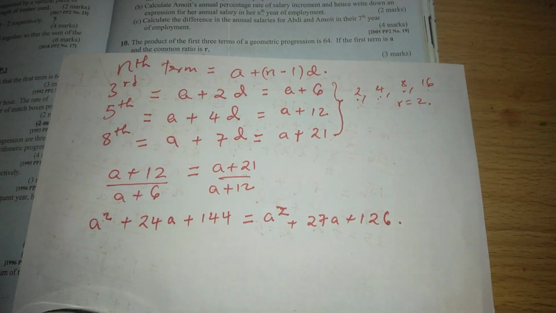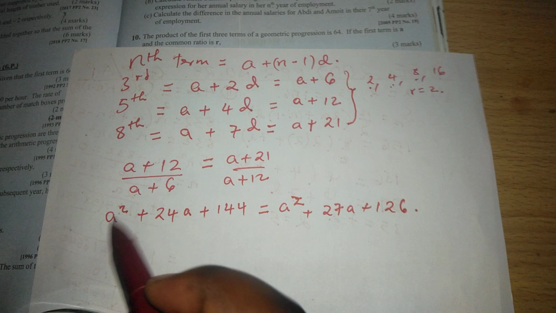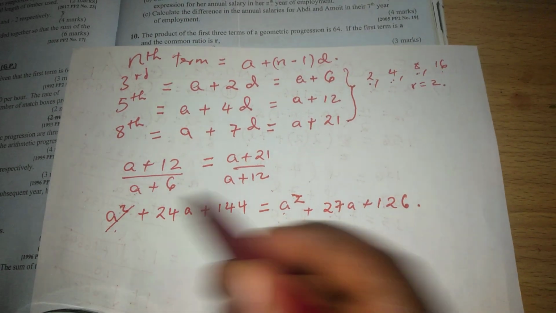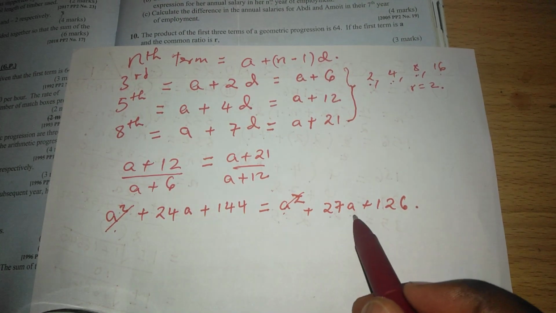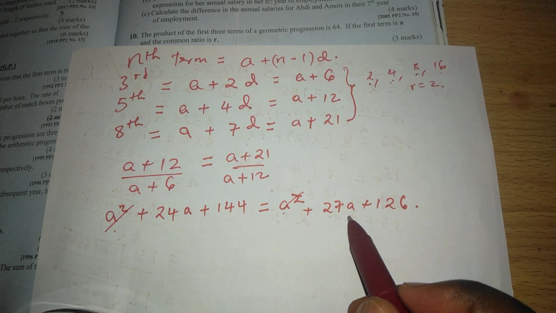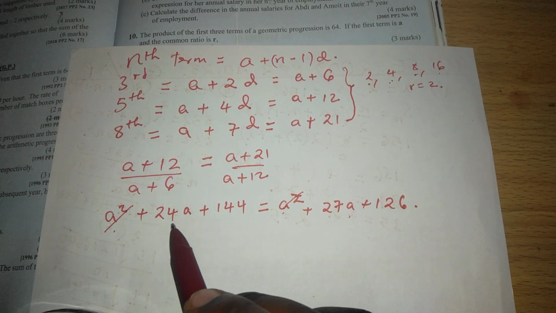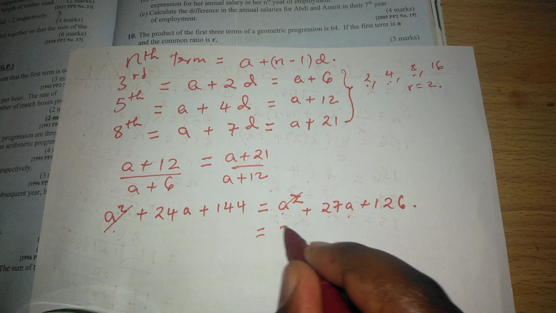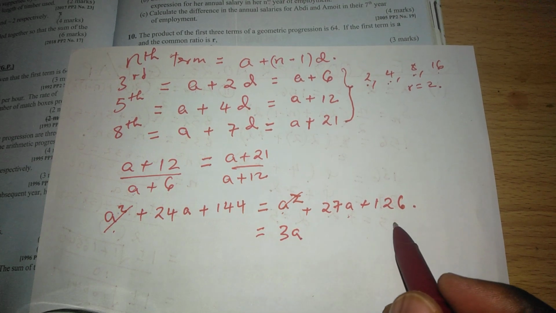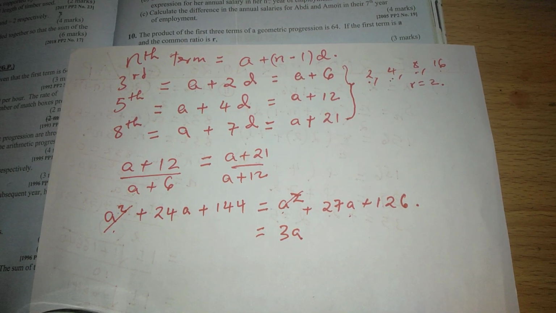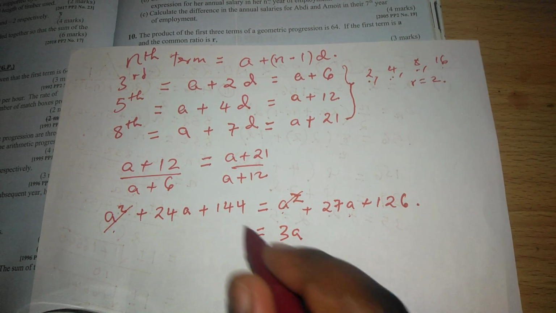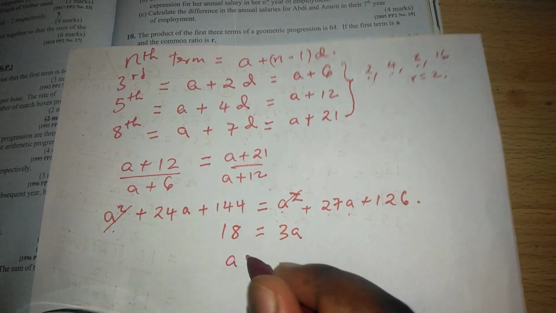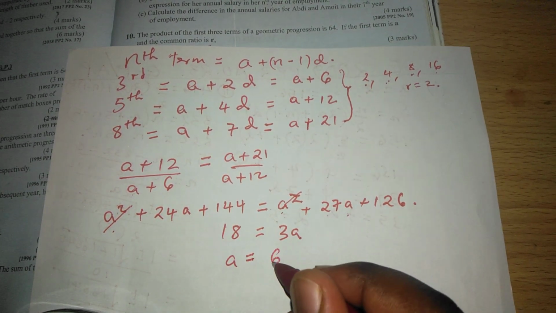So now we can group like terms together. A squared and A squared cancel, such that now we have 27A and 24A, this becomes 3A. Then 126 subtracted from 144 gives us 18. So A becomes 6.